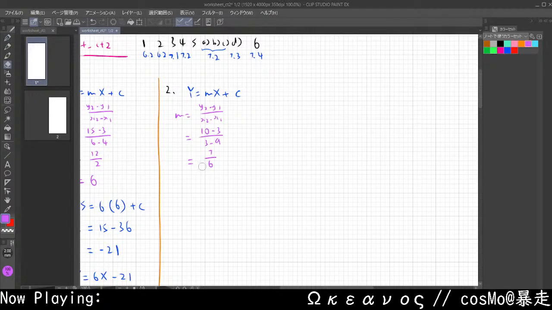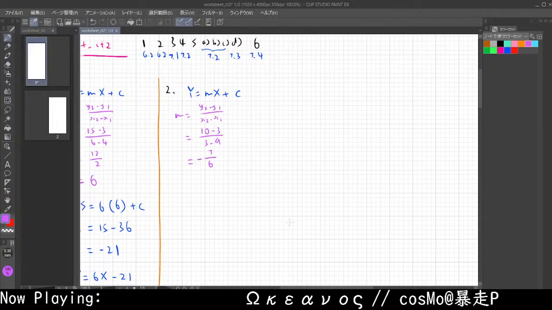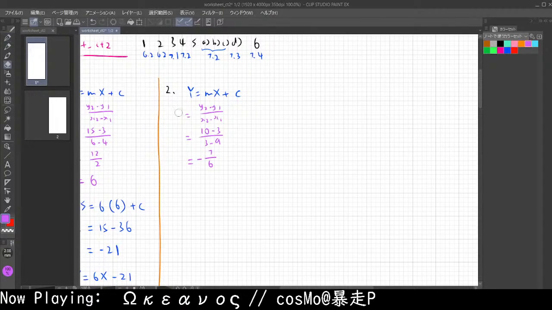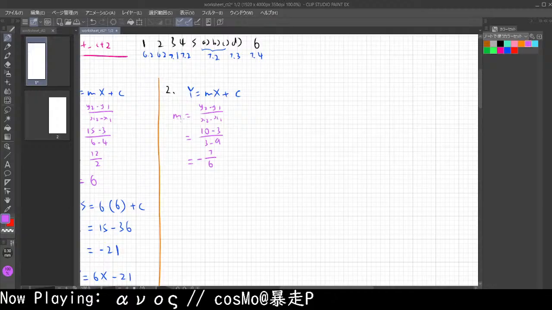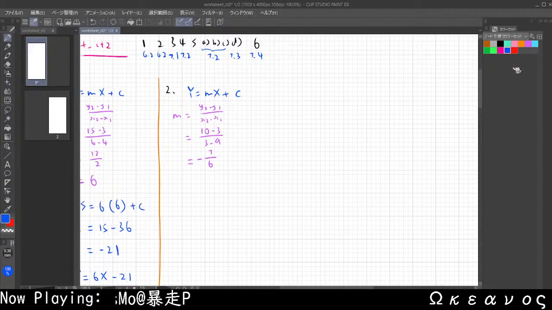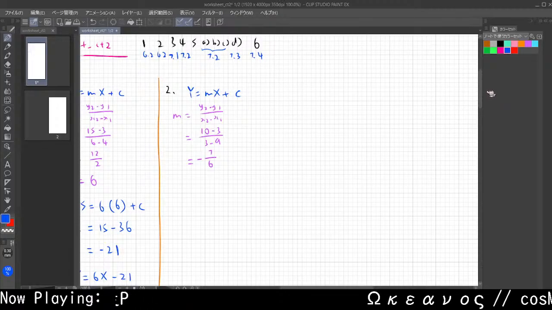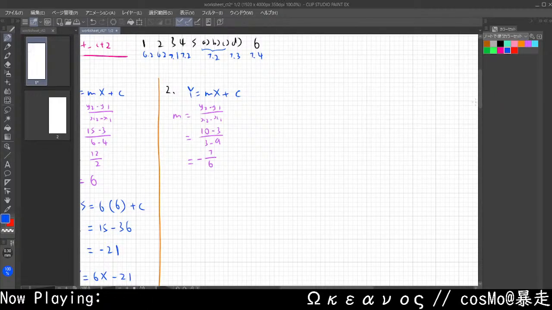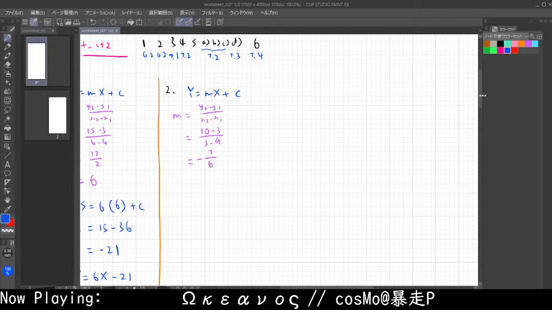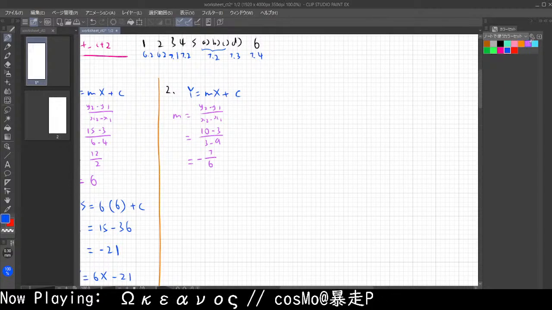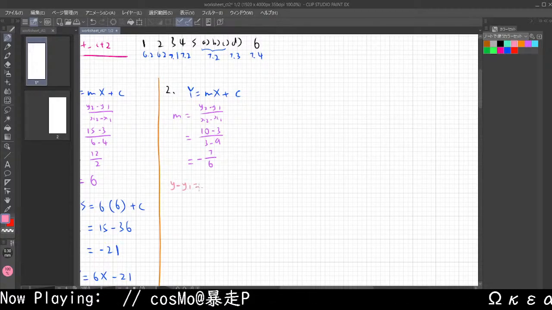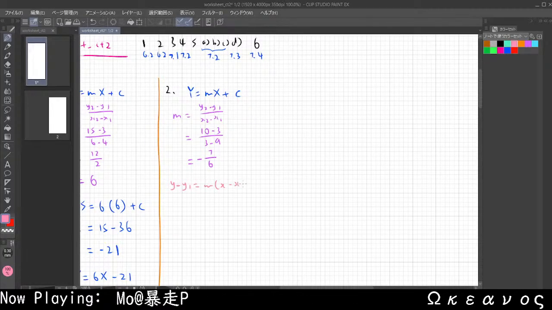The negative, you can bring to the front of the fraction, so you get this. Okay, so now what I'm going to teach you is another way of doing things. Because we have learned chapter 7, during 7.2 regarding finding the equations, we have talked about a certain method that we can use, that is basically y minus y1 equals m multiplied by x minus x1.